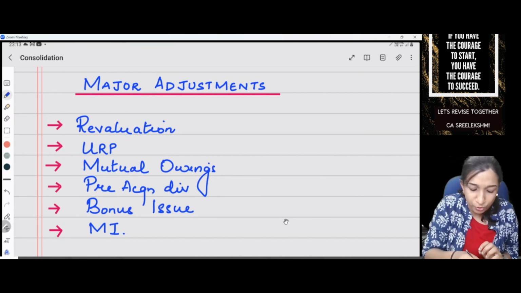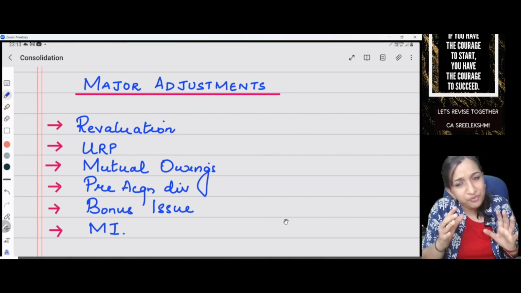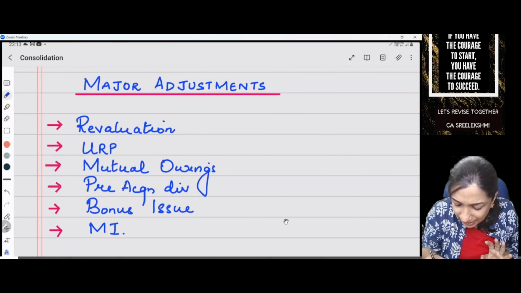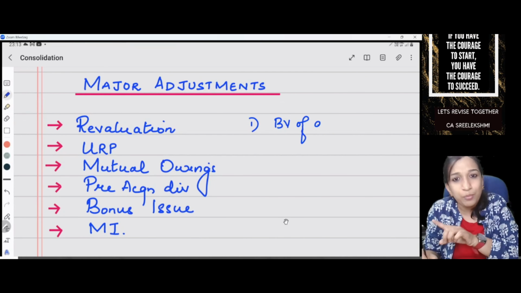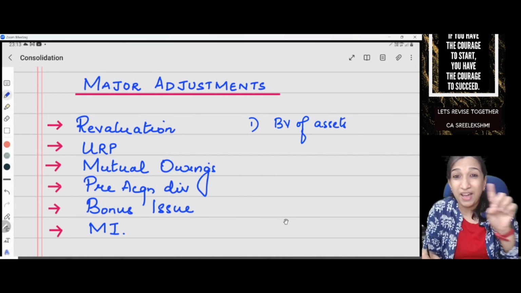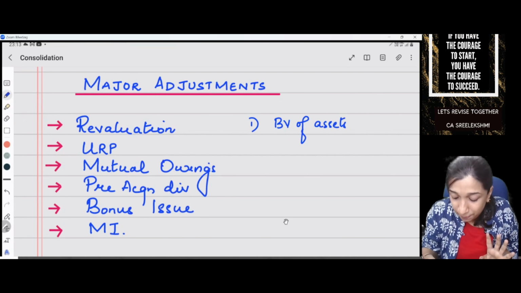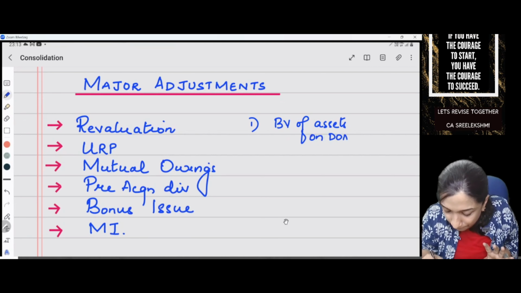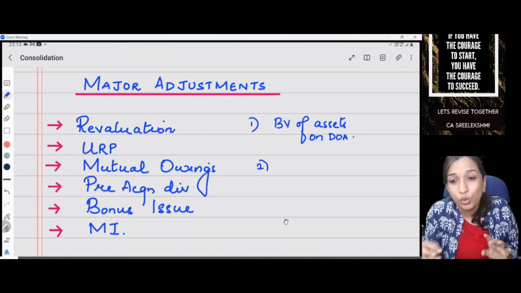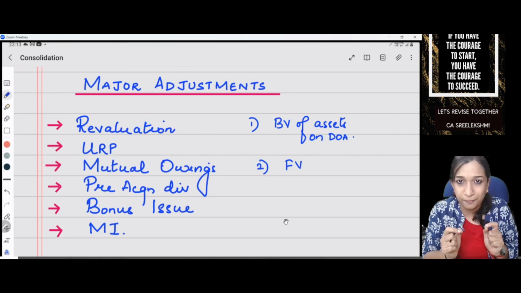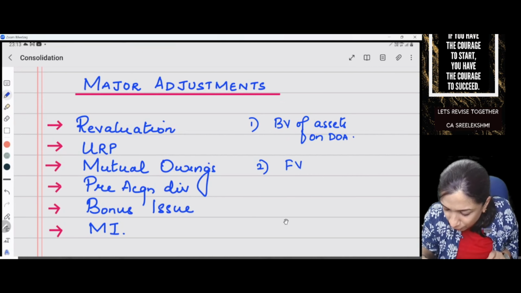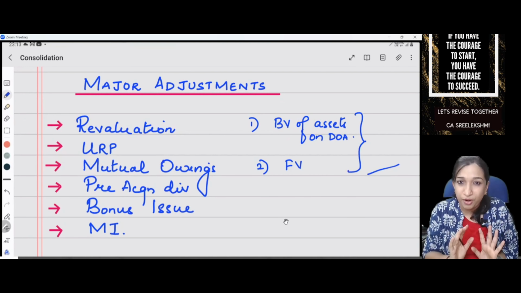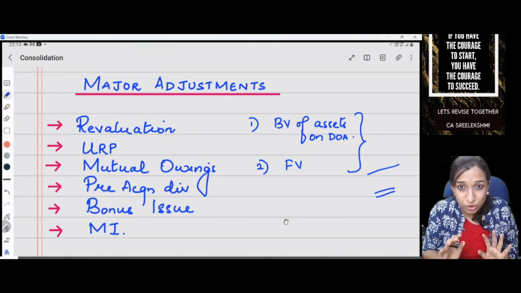How do I compute? You need to identify the book value of the asset in the books of the subsidiary company on the date of acquisition and compare it with the fair value or revalued figure that will be given. So compute how much is revaluation profit or revaluation loss.